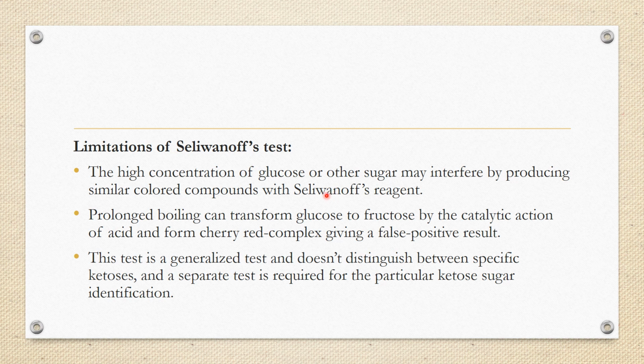You may think that it's a positive result in a sample containing ketose, but that's not true, because of the interference of a high concentration of glucose or other sugar in the sample producing a similar color compound.